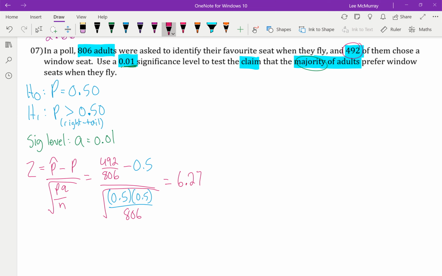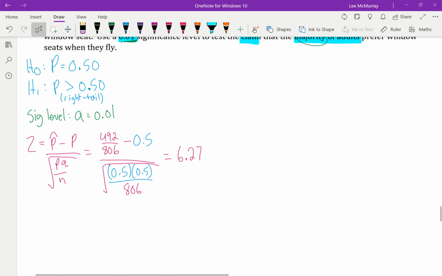Okay, so next we're going to go to our p-value. What we want to figure out is the probability that Z is less than negative 6.27, because we always want the tail.